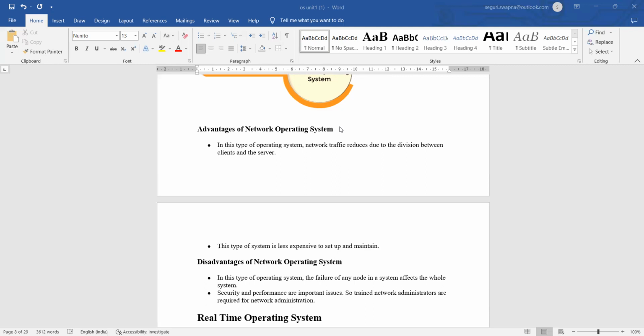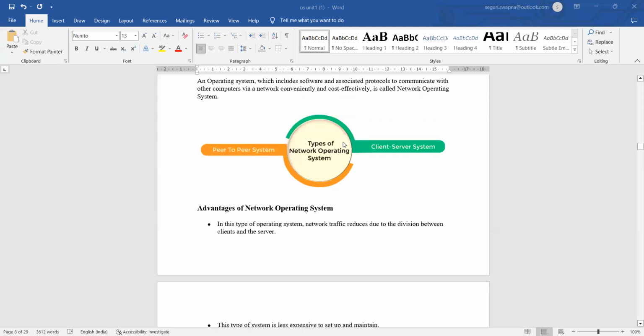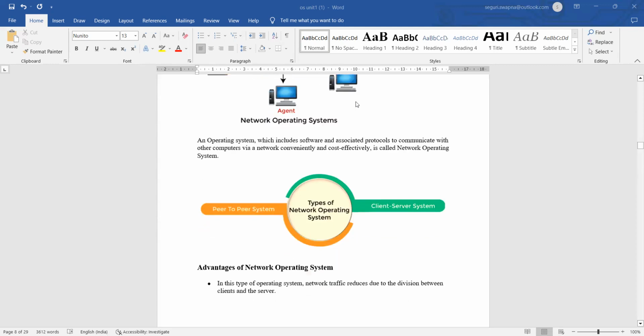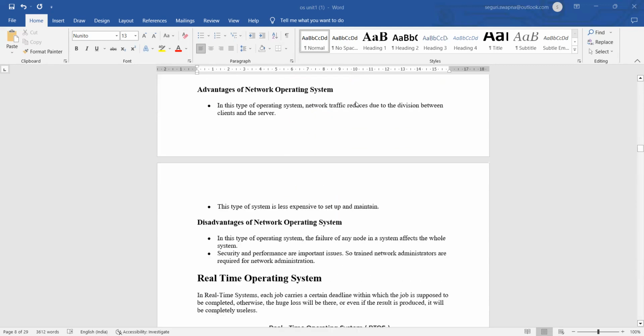The disadvantage is that if there is a failure in any node, the entire system fails. If there is a failure in the server, then the entire system fails. Security issues also come under the disadvantages of network operating system.